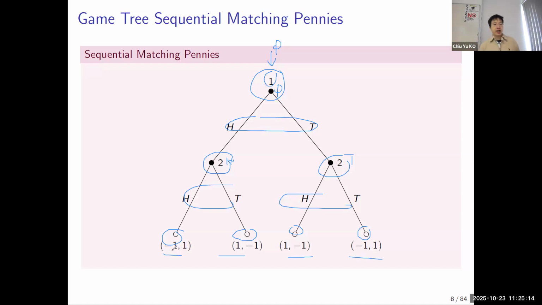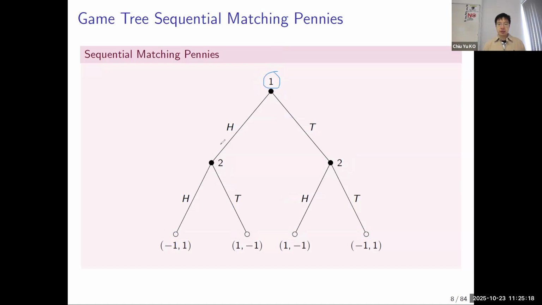Just to remind you, your player set is here, just collect everyone here. Next is history, and I already showed you how to count them. The player function is also there, actions are also there, and strategy is also there, and also the payoff.